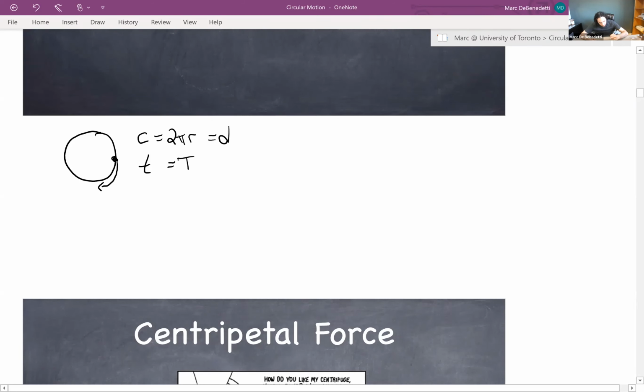The whole premise is, if uniform, then we know we have a constant speed. So we can use the equation v equals d over t, and we know the distance is equal to 2 pi r, and the time is capital T for the period. It's the period of rotation.